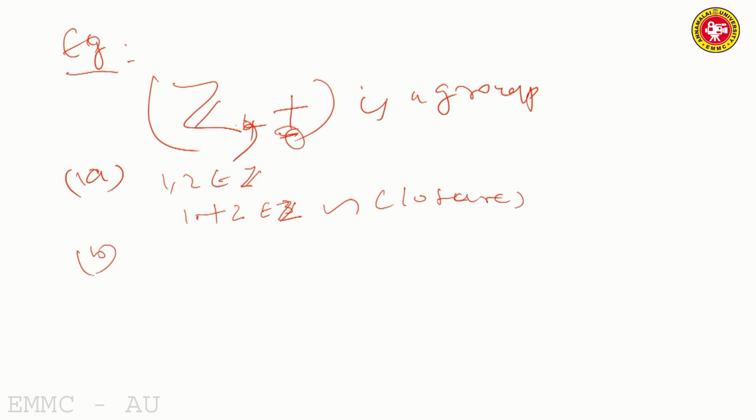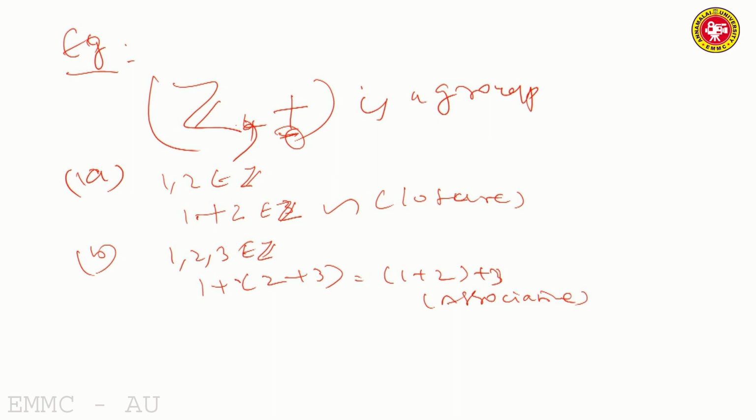Now we move into the associative property. Suppose I take 1, 2, 3 as elements in the set of all integers. Then we have 1 plus 2 plus 3 is equal to 1 plus 2 plus 3, that is 6 equal to 6. Then we have identity property, 1 plus what is equal to 1, that is 0. 0 is the identity element.